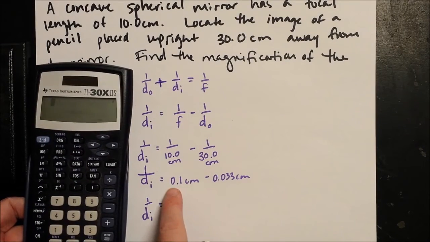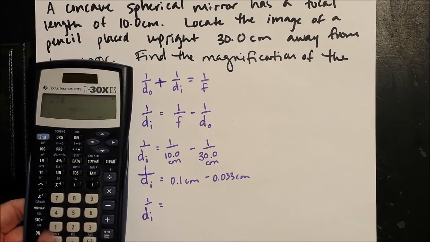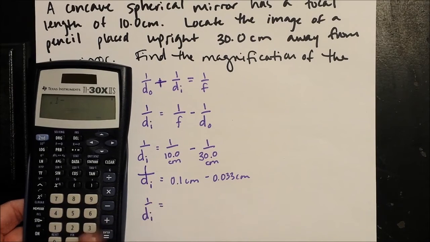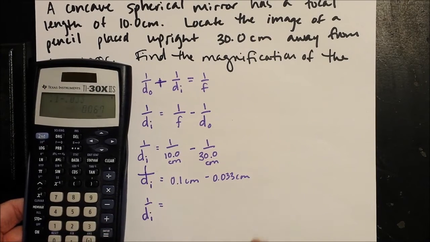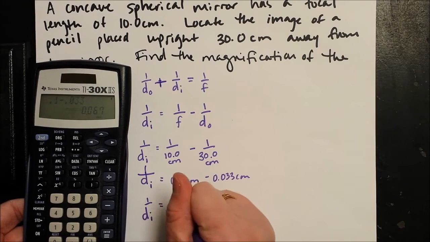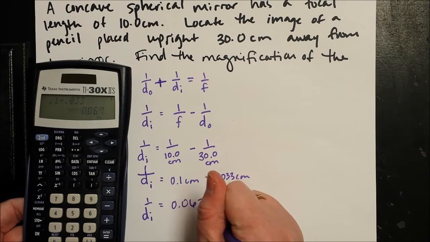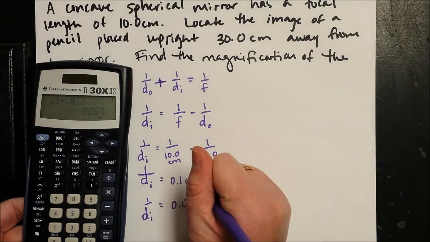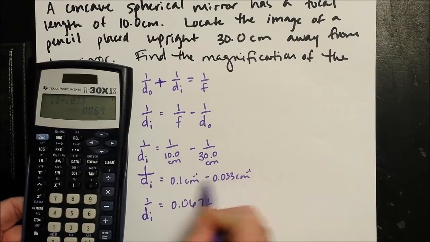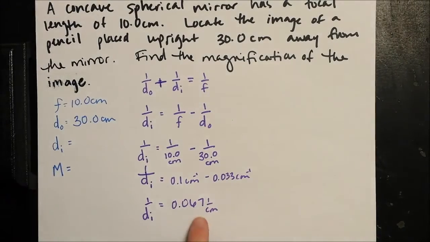So I'm going to take my 0.1 per centimeter minus 0.033 per centimeter, and I get 0.0671 per centimeter.